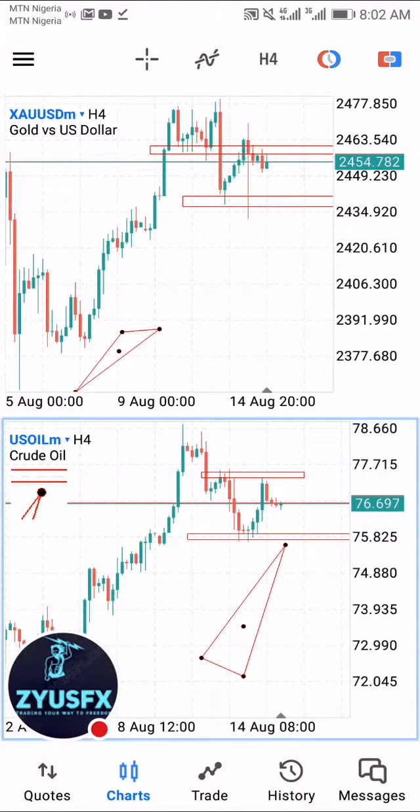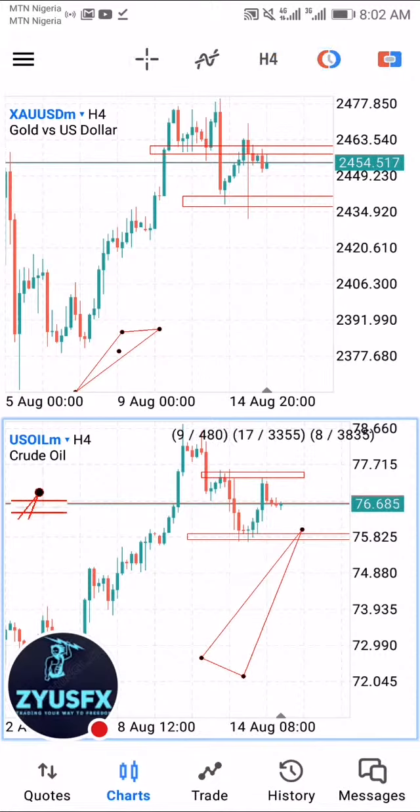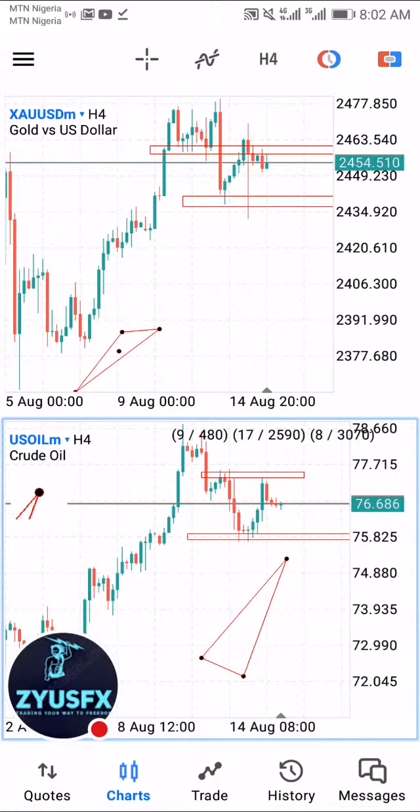I love taking trades at key levels, either down here or up here, and that's where your high probability and good trades come from, either from these highs or this low, but never in the middle. You can still take the trade here, but your probability of winning and your range decrease.